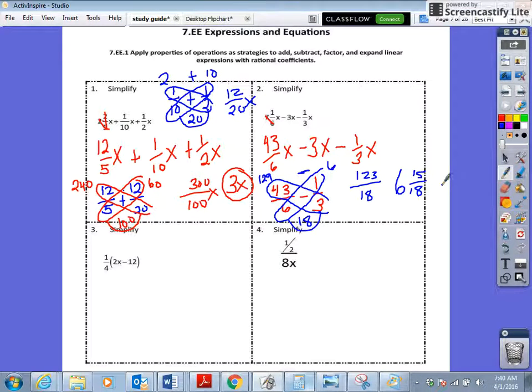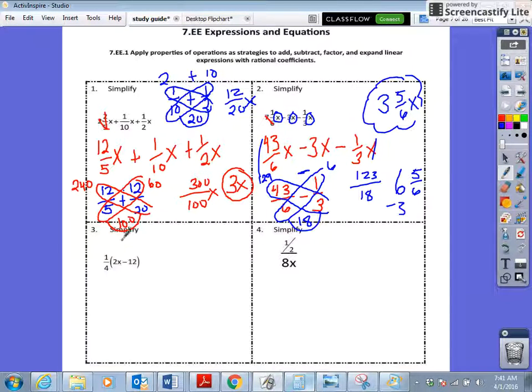I know I can divide both of those numbers by 3, so that would end up being 5/6. Because 15 divided by 3 is 5, 18 divided by 3 is 6. So now I have this 6. Don't get confused. This is not your final answer, because all you did was subtract this and this. This you still have to subtract 3. Well, 6 minus 3 is just 3. So my final answer is 3 5/6. There it is. Oh, I'm sorry, with an x, because remember, this had an x, this had an x, and this had an x.